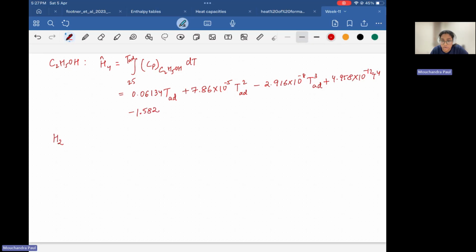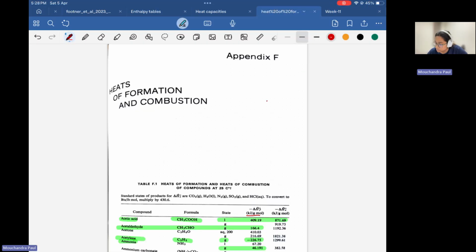And lastly, for hydrogen, which is H3 in our case, you have to substitute the value of Cp.